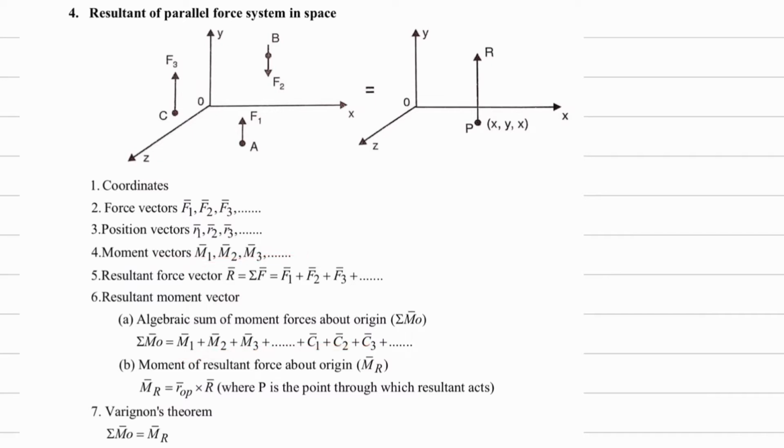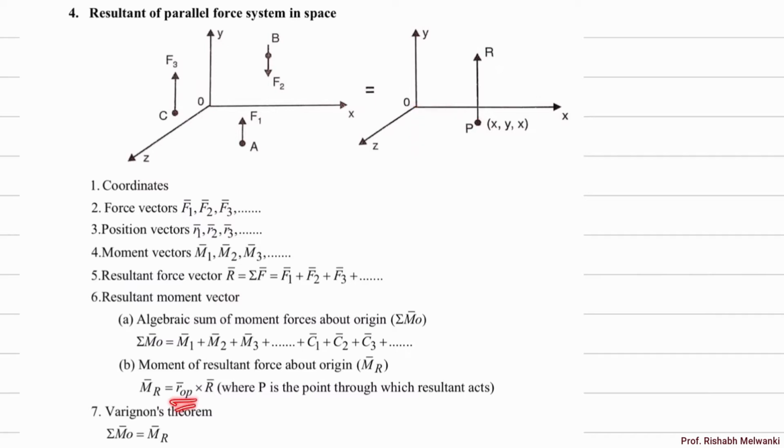So when you are adding moment vectors, you have to add moment vector as well as couple vector. Then after that, the resultant is there. So what is the moment of this resultant vector about point O? There will be a position vector here which is the OP vector.